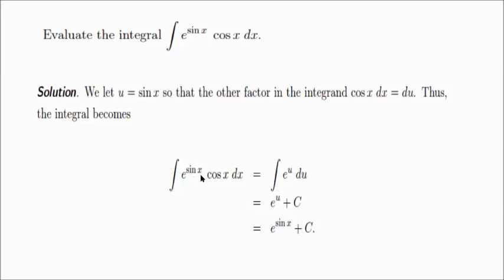So e raised to sine x, magiging e raised to u, and then cosine x dx is just equal dun sa du. So e raised to u plus c. So yung u mo is equal to sine x. So ibalik lang dun.